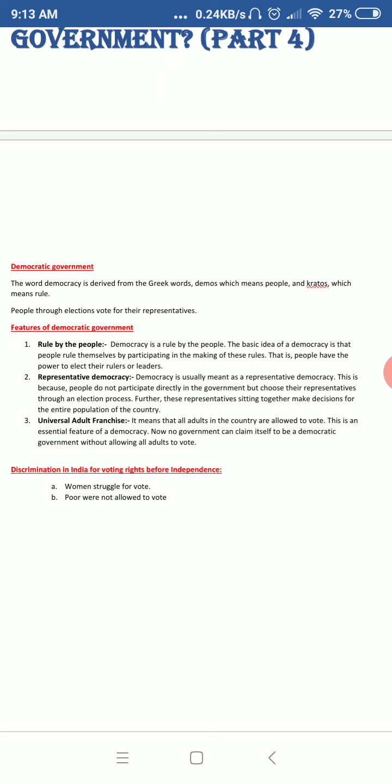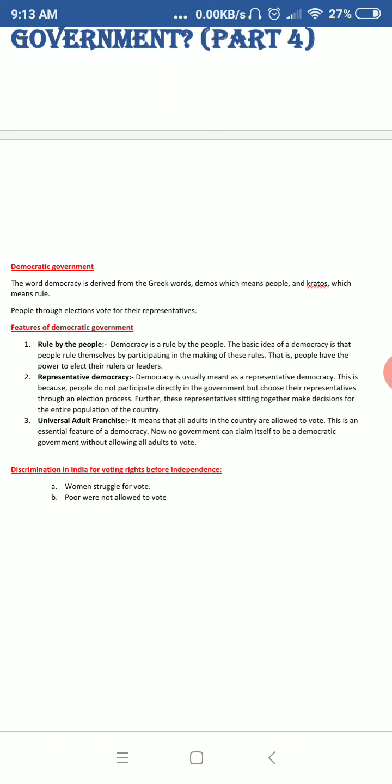And suffrage means the right to vote. And another one is that the poor were not allowed to vote, right? So this is also not fair, right? Everyone, whether they are citizens of that particular democratic country, should get to vote, whether poor, illiterate or woman, any particular person. There should not be any discrimination.